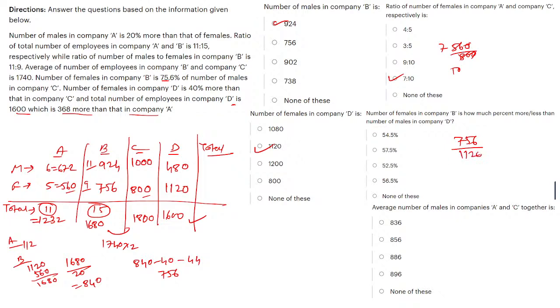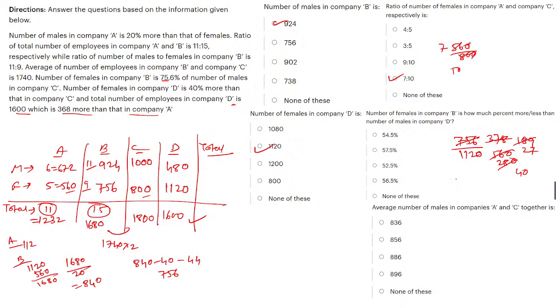That is 112. So if we just reduce the value, that is 378, this is 560, this is 280, this is 189, this is 27, and this is 40.